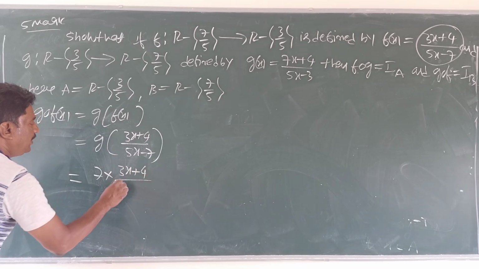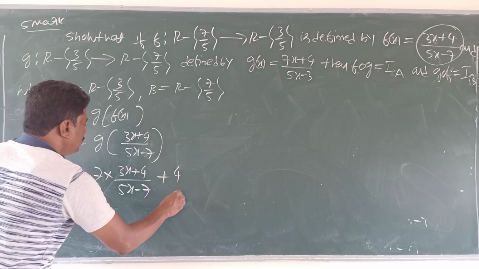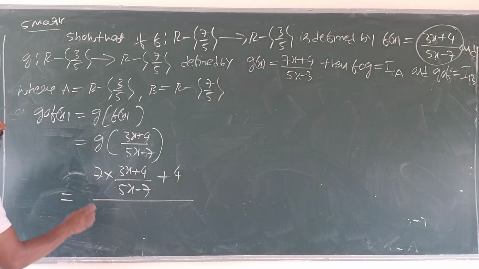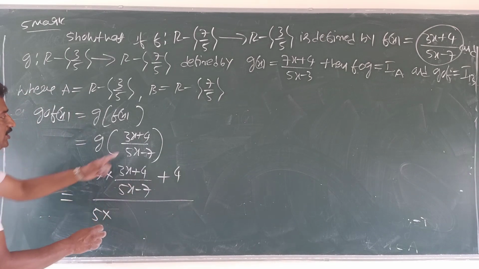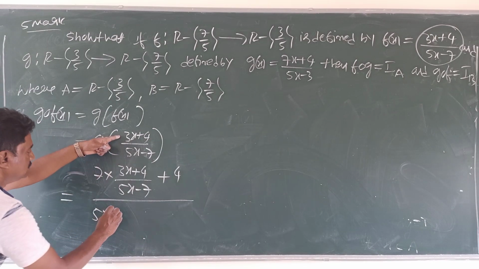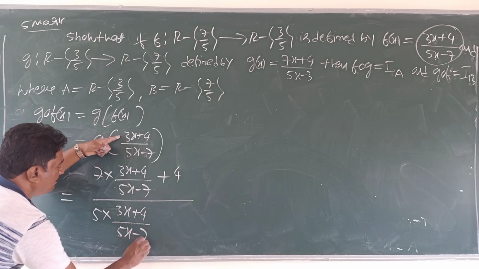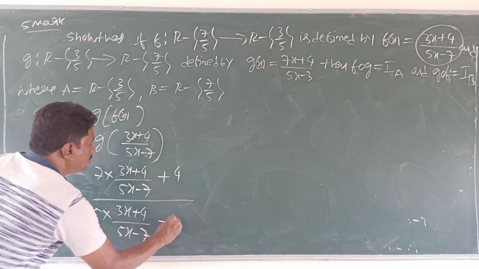7 into what is x? (3x + 4)/(5x - 7) plus 4, all divided by 5 into what is x? (3x + 4)/(5x - 7) minus 3.